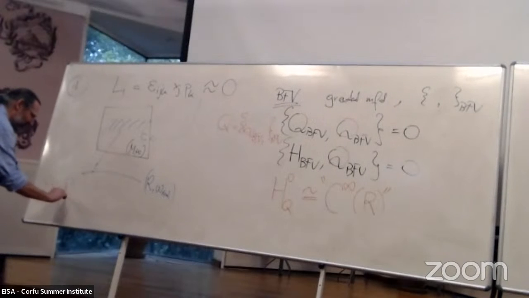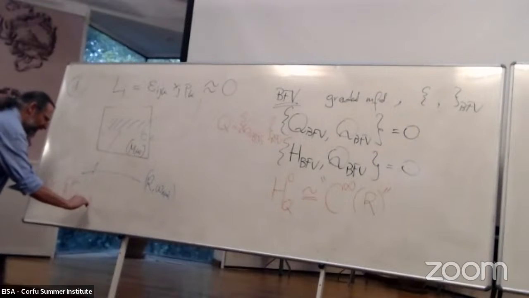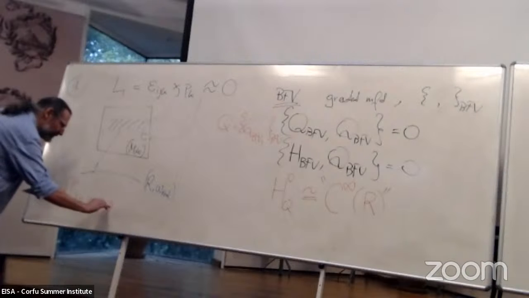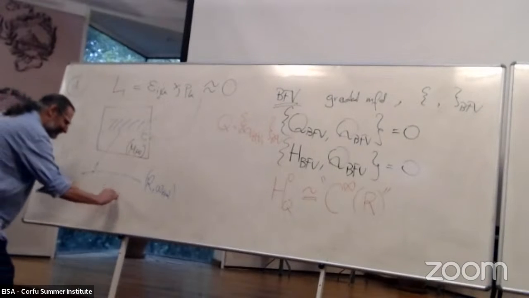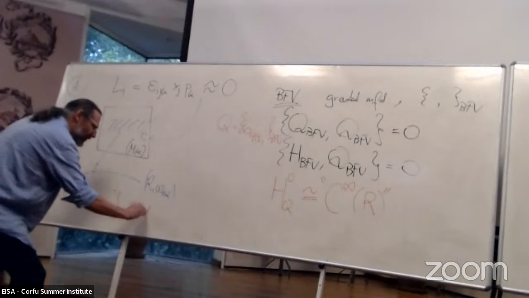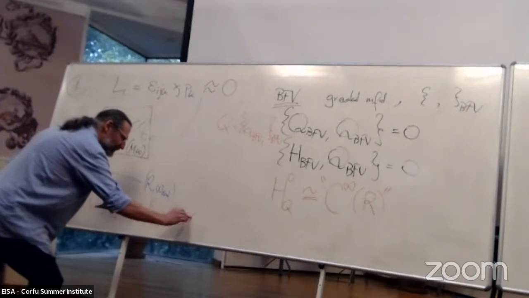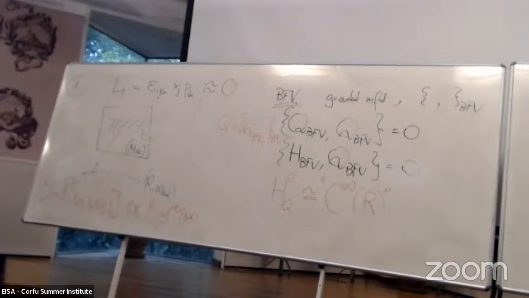Either polynomials in the variables x1, x2, x3, p1, p2, p3, or O can also be C infinity of R^6. But I will mainly focus on this one now.